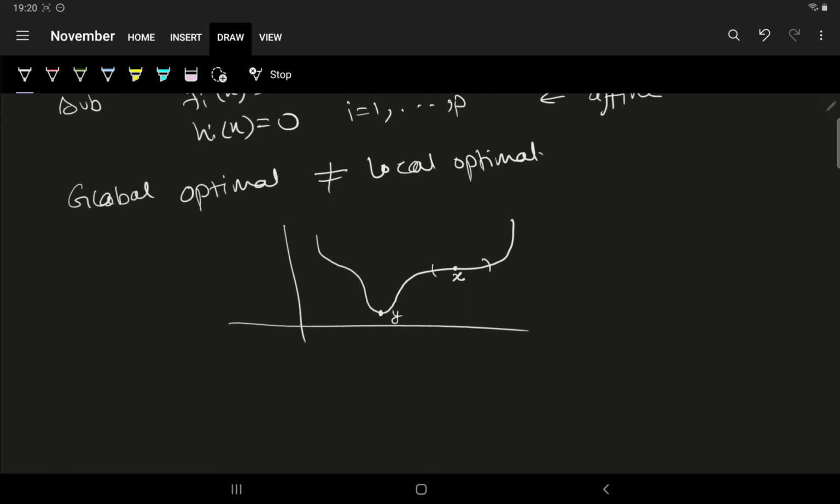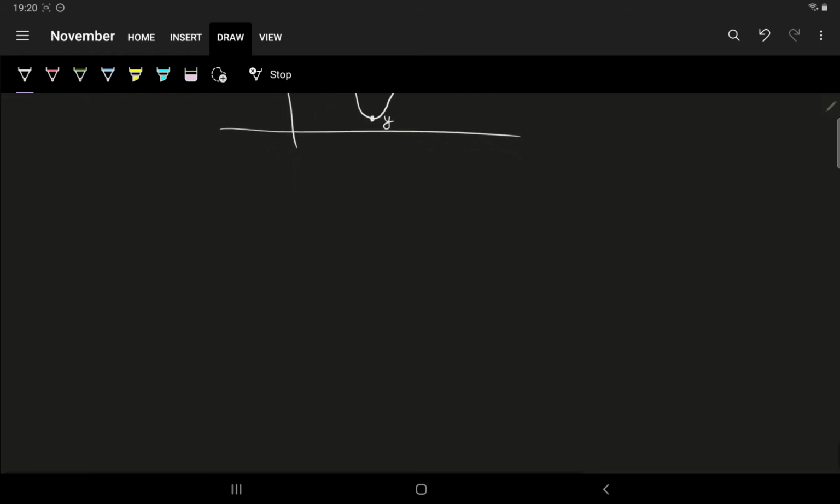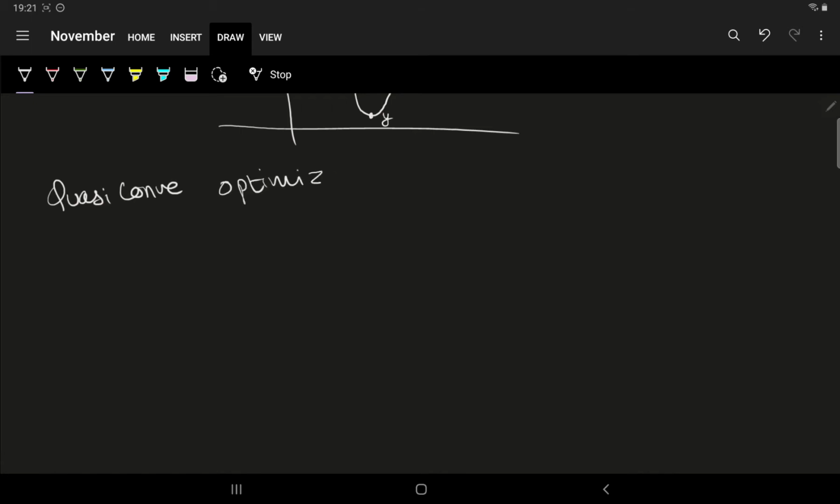And also we talk about quasi-convex optimization via convex feasibility problems.